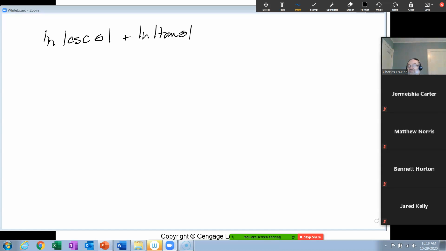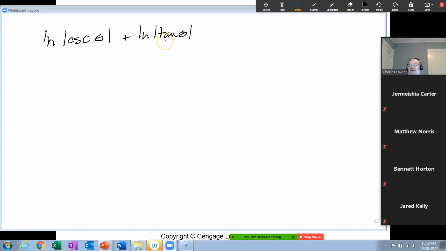Cosecant, by the way, is never, ever, ever 0. It's either going to be greater than or equal to +1, or less than or equal to -1. If it's less than or equal to -1, you take the absolute value. Greater than or equal to +1, then you just take the log of that cosecant.